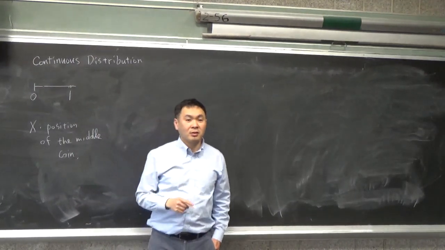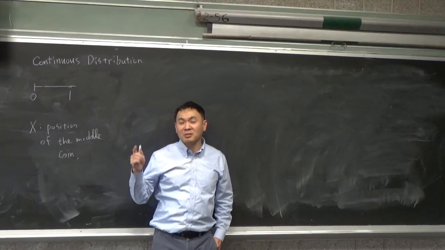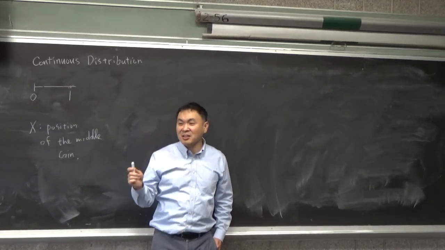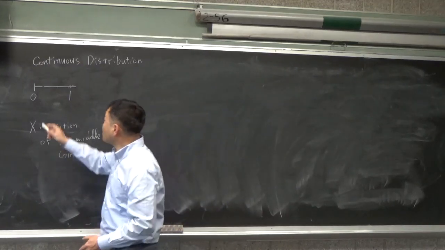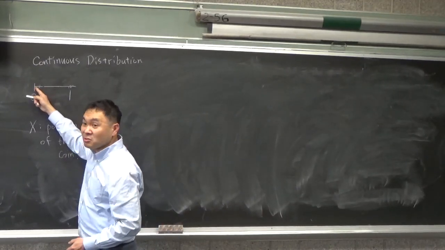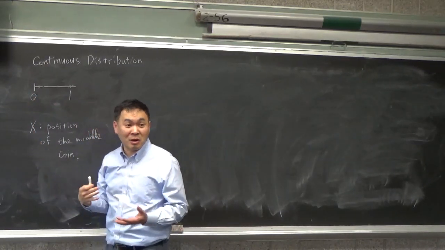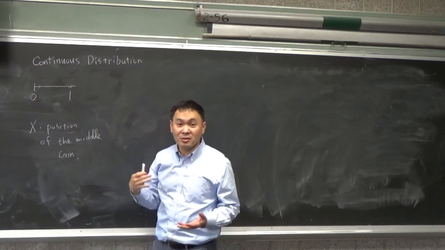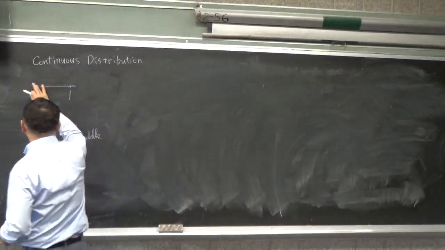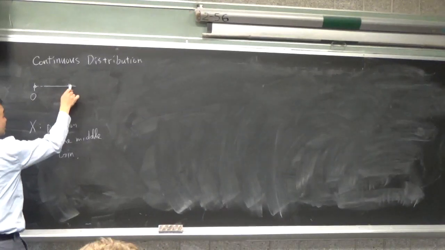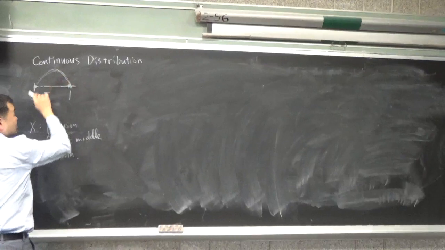And you would see that it's highly likely that it's closer to the center than the end, because if the middle coin is found here, that means the first coin has to be found much to the left side, which has a very small probability, right? Do you agree? Nor the right. So you can see that the probability distribution should be close to 0 at the end, but it has higher probability in the middle.